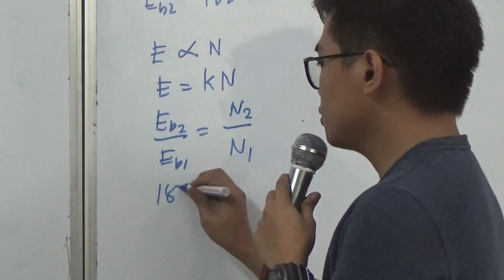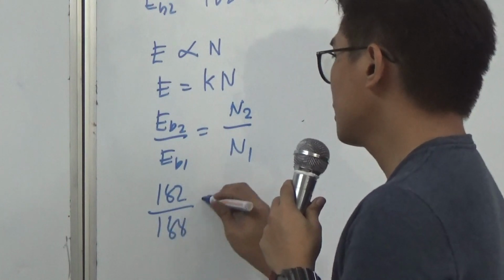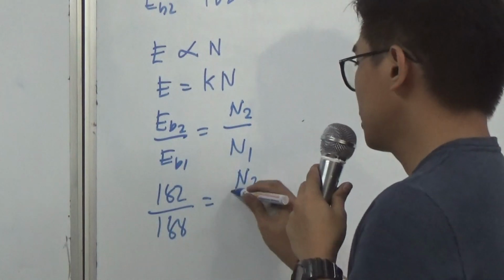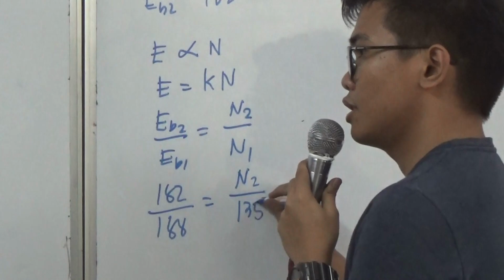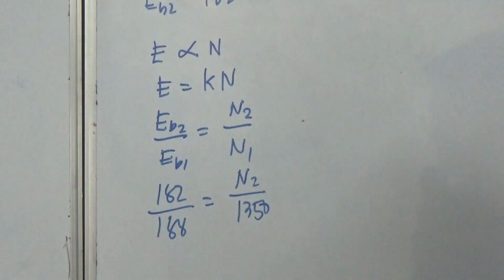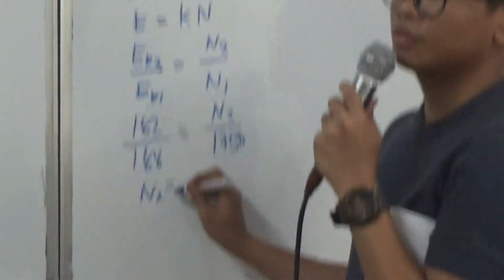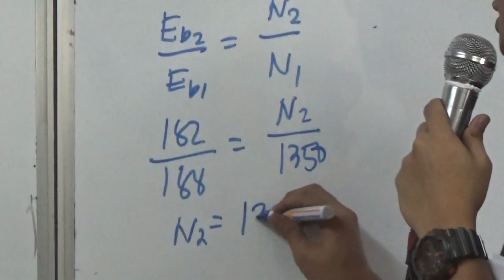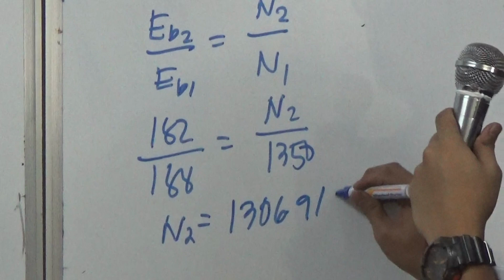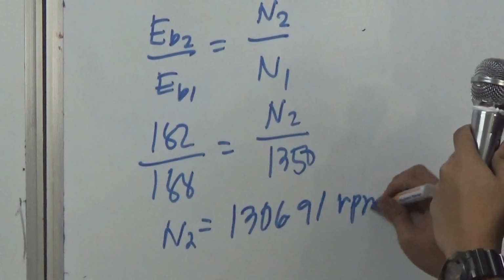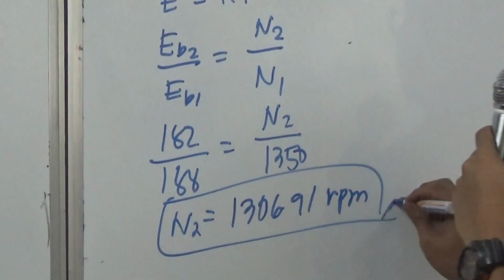EB2 is 182 divided by 188 is equals to N2 divided by 1,350. So what will be N2? 1306.91 RPM. Or letter D.